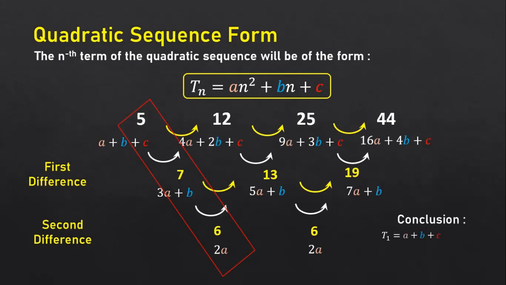For the first term, T1 equals A plus B plus C. Next, the first difference equals 3A plus B. And the last conclusion, the second difference equals 2A.